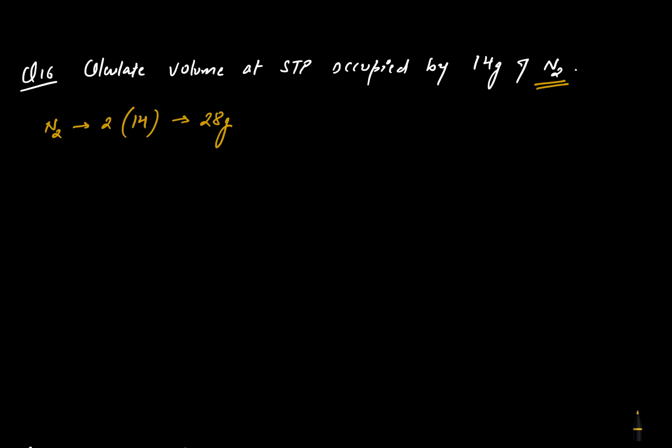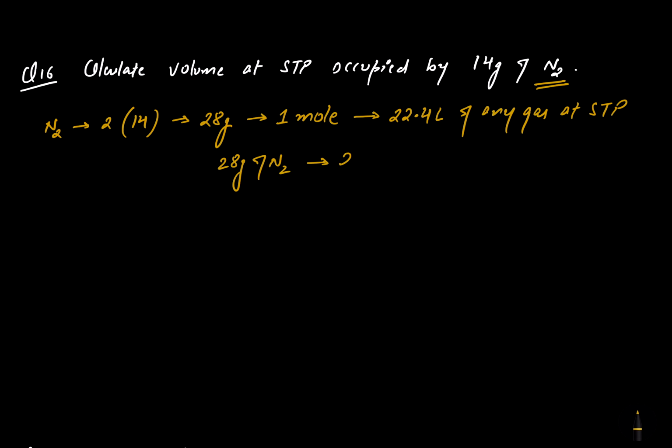Now 28 gram, that is the molecular weight of nitrogen, is called 1 mole, and according to mole concept, 22.4 liters of any gas at STP is called 1 mole. That means I got the relation that 28 grams of nitrogen will occupy 22.4 liters.